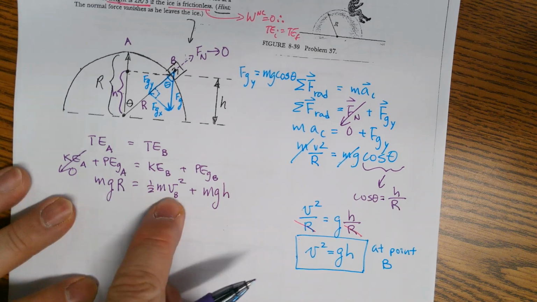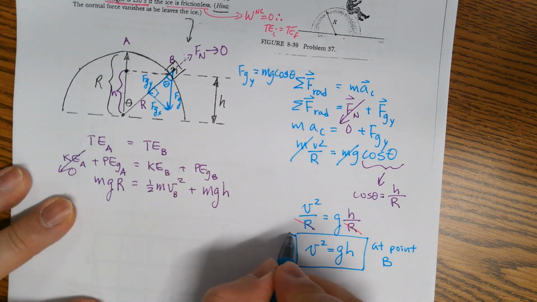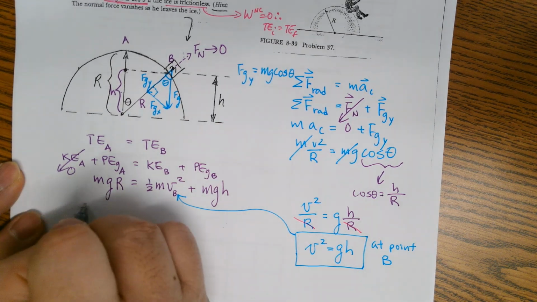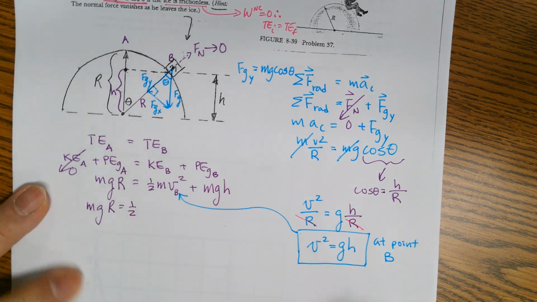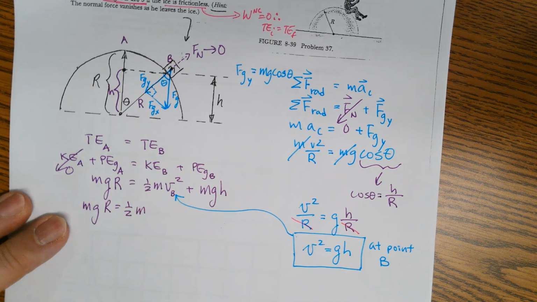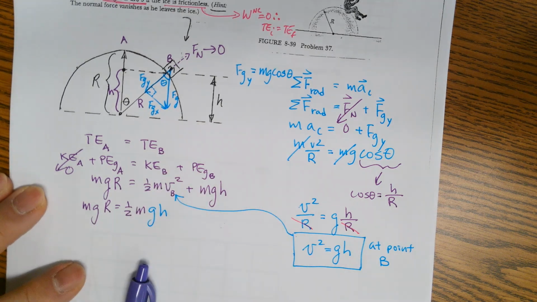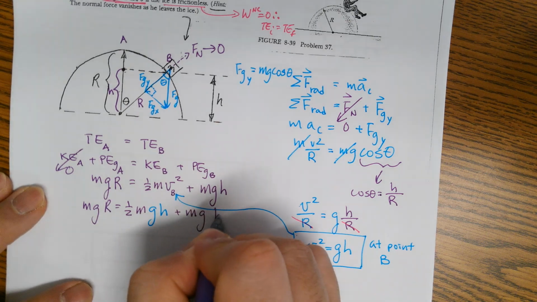So if we substitute this v squared in here, we get mgr is equal to 1/2 times m times gh plus mgh.